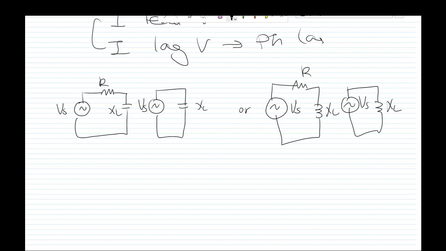So for this case, the capacitive load, we learned before the power factor is said to be leading.